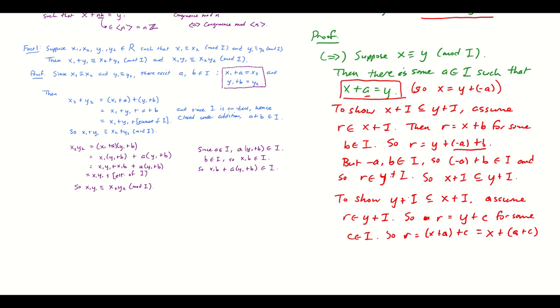X plus a plus c, and since a plus c belongs to I, because a does and c does, this means r is an element of x plus I. Okay, so y plus I is also a subset of x plus I. Thus, I think we've shown that these two cosets are equal. X plus I is equal to y plus I.